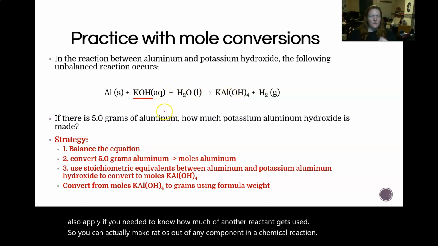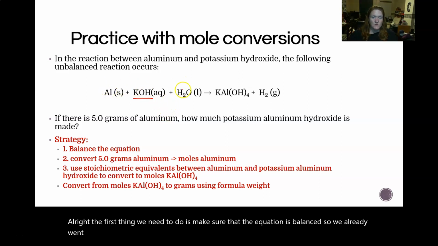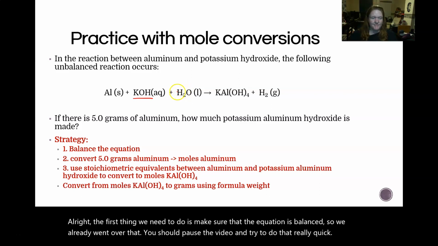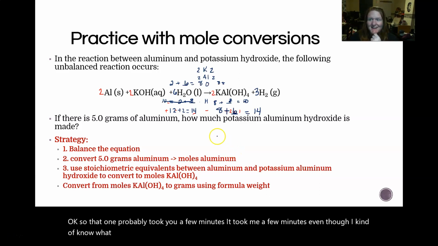All right, the first thing we need to do is make sure that the equation is balanced. So we already went over that. You should pause the video and try to do that really quick. Okay, so that one probably took you a few minutes. It took me a few minutes, even though I kind of know what to look for.